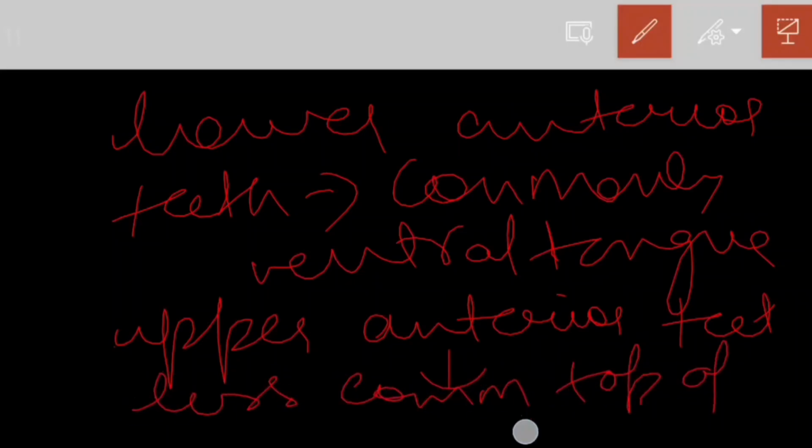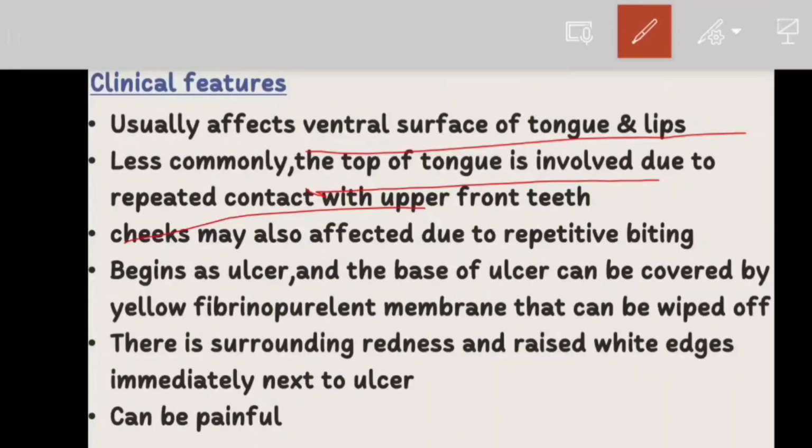Okay. I hope now you understand. Can the cheek be affected? The answer is yes. Cheeks may also be affected due to repeated biting. So don't think the lesion is limited only to the tongue.